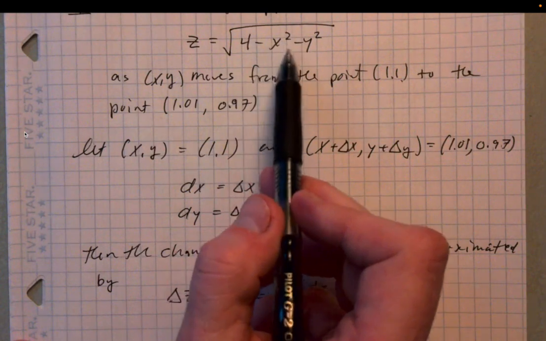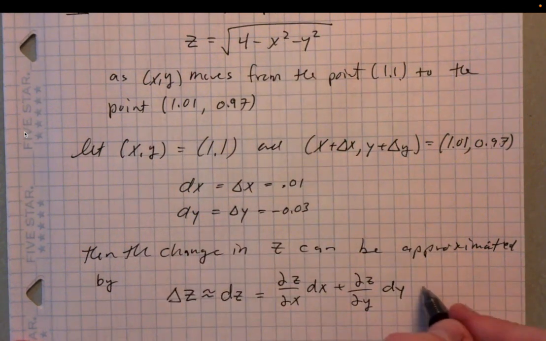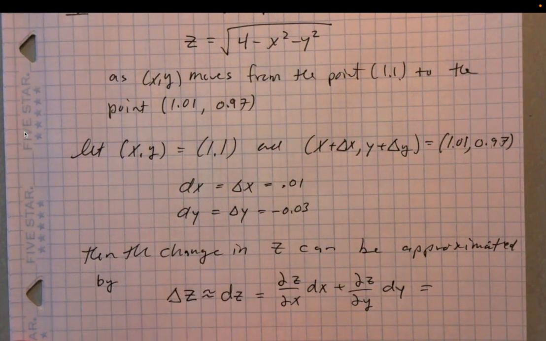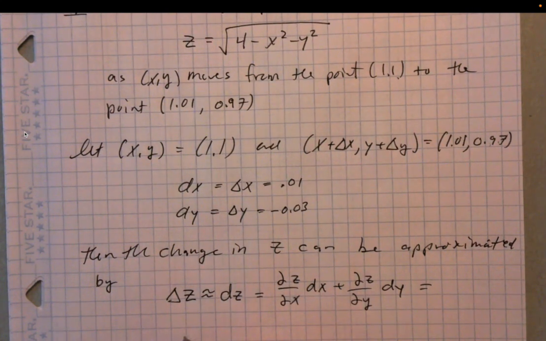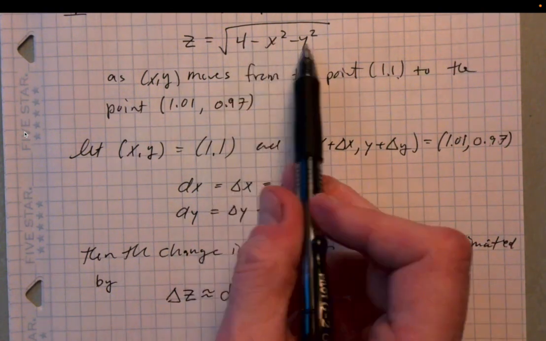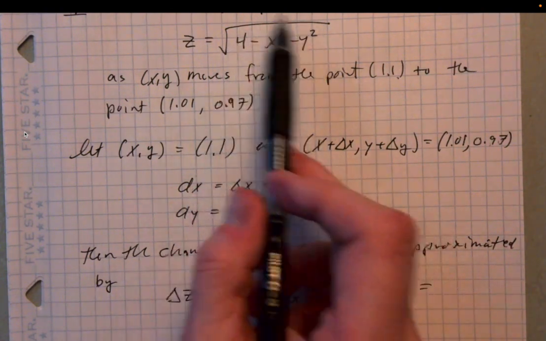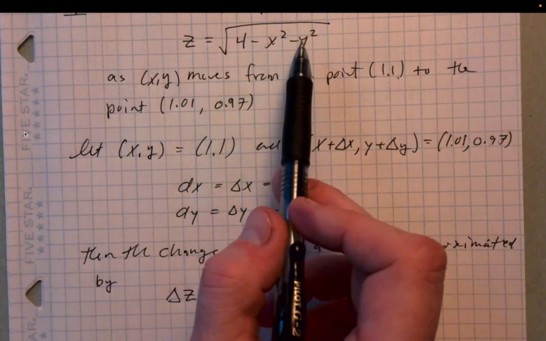This is 4 minus x squared minus y squared to the 1/2 power, so we can crank those out. The partial derivative with respect to x is 1 over this, and the chain rule says you differentiate inside, so you get negative x as well.